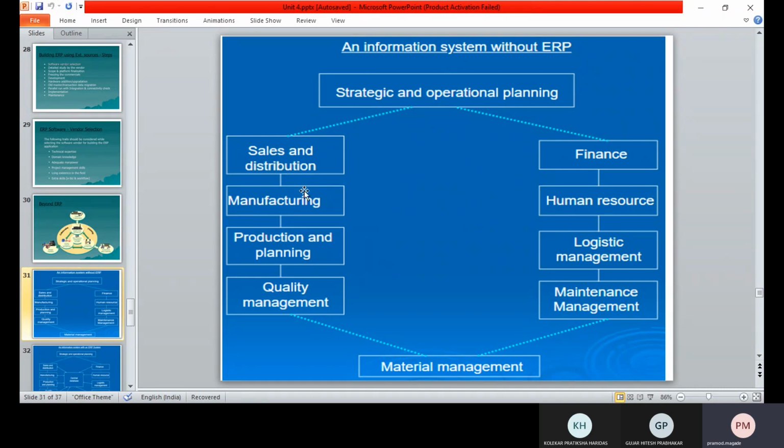Then manufacturing, production, planning, quality, it is related with the planning. Then in case of the management point of view, finance is required, human resource, logistic, and maintenance. These all the things, right side things, are related with the costing, correct? And this is the actual cost of the management. So these things we can cover in case of ERP.